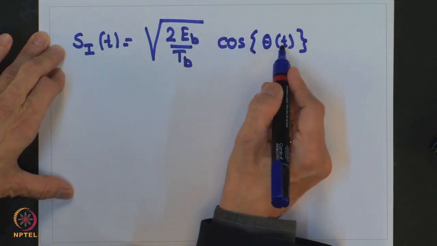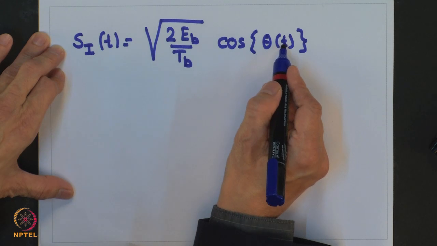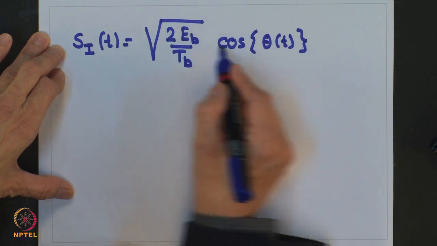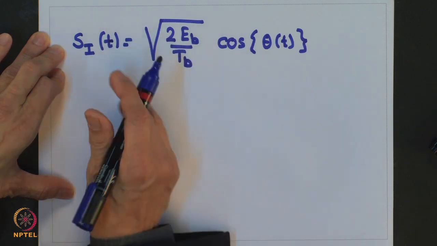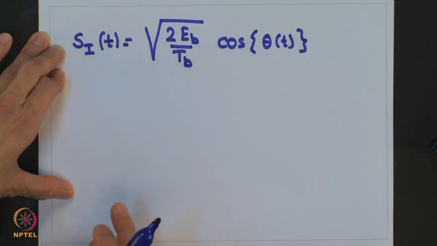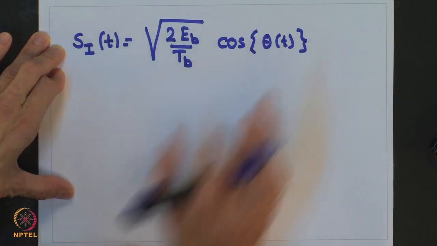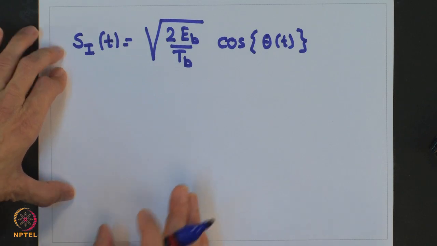Now, similarly, if we evaluate this quantity at t equal to minus Tb, we will find that it goes to 0. So, what it implies is that this s_I(t) is some kind of half cosine function with the maximum value at t equal to 0, correct.